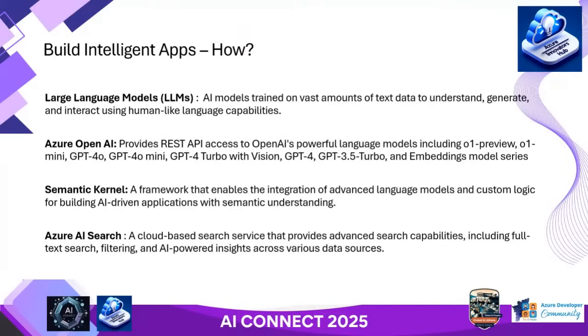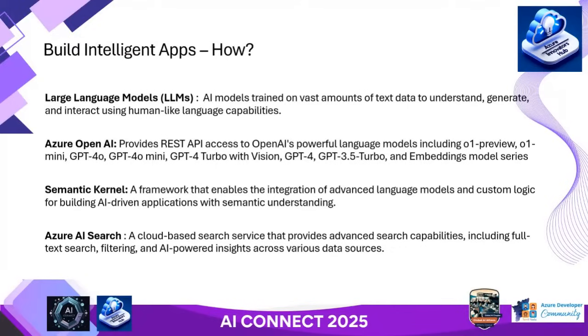Now, as I mentioned earlier, one of the components that we are going to use is Azure OpenAI. This is a cloud service that is going to let you access a range of OpenAI's models through a REST API. You're going to see that there are several versions of models like GPT-4, GPT-4o, and so on.